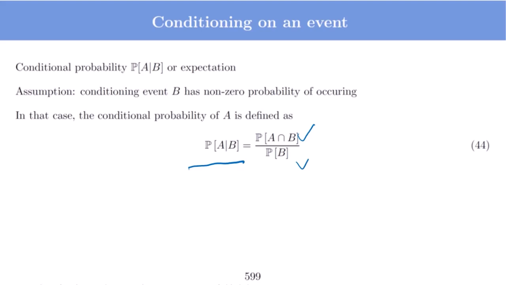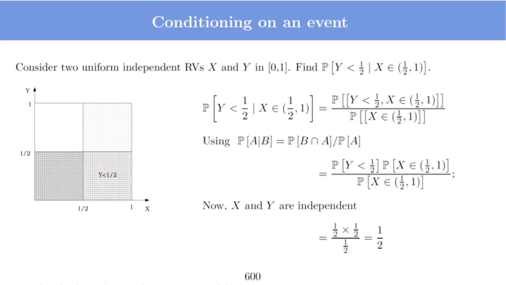So P of A is the probability that A has occurred, while P of A given B is the probability that, only out of the events where B has also occurred, A will occur. So let's take a small example.